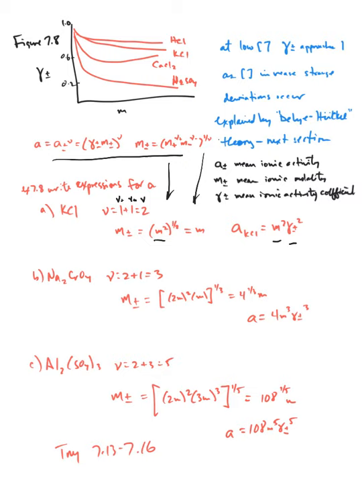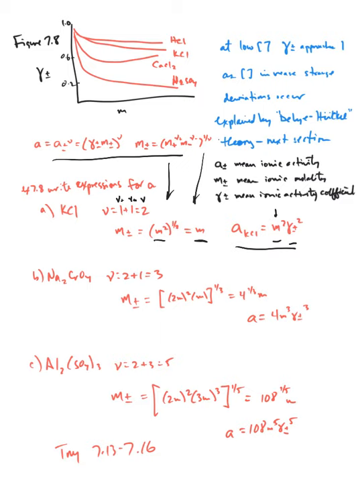So M squared raised to the 1/2 power is M. So for the activity, I'm just going to plug in M for the mean ionic molality, and then times the ionic activity coefficient squared. Of course, that makes sense, because this is saying that the average molality of each charged particle is whatever the molality is.